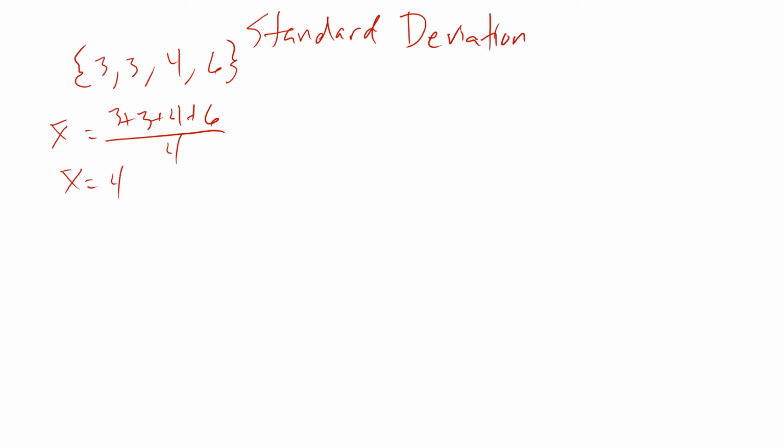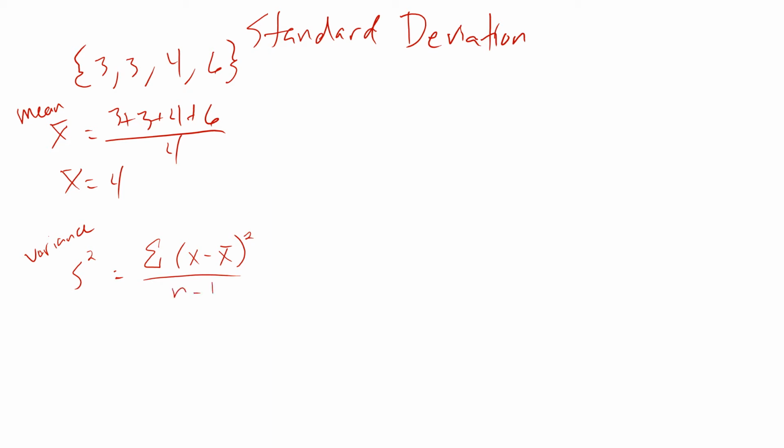The variance, s squared. So this was the mean, this is the variance. s squared is going to be the sum of x minus x bar squared divided by n minus 1.